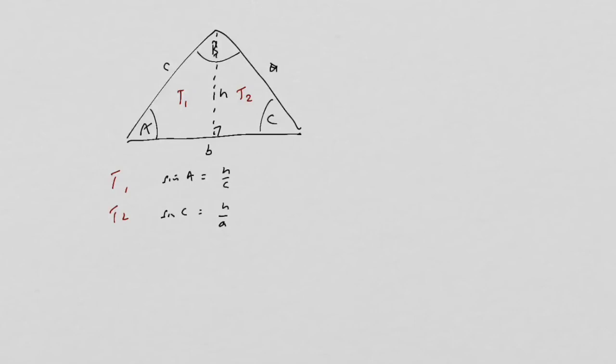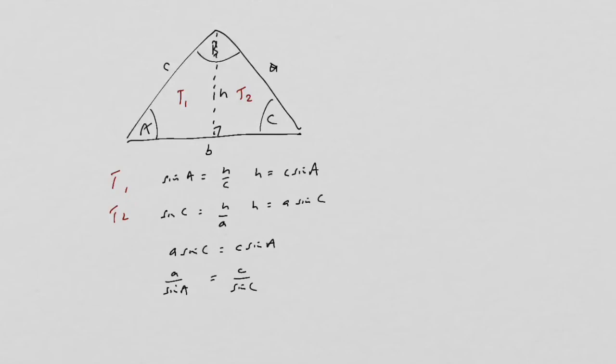Now the first one gives us h equals c sine A, the second one gives us h equals a sine C, and therefore we can put those h's equal to each other. That gives us a sine C equals c sine A, and therefore a over sine A equals c over sine C.